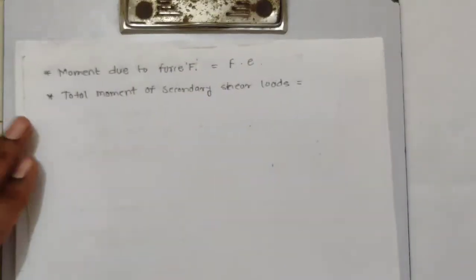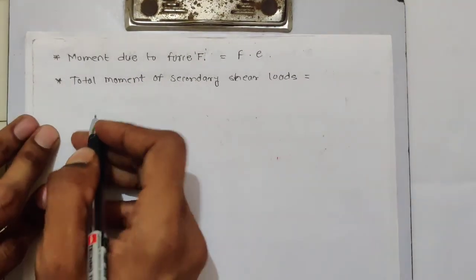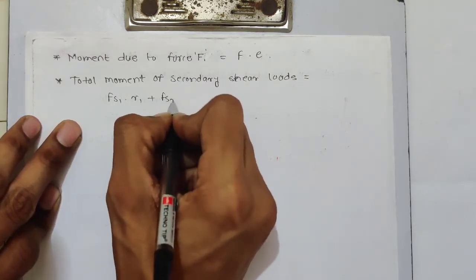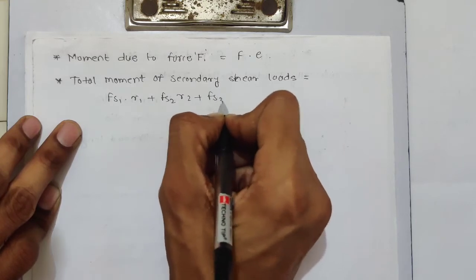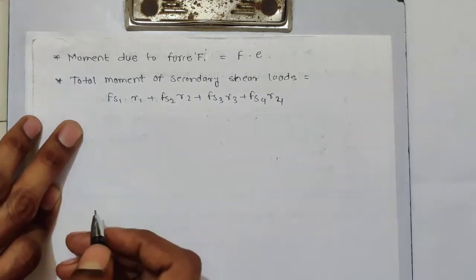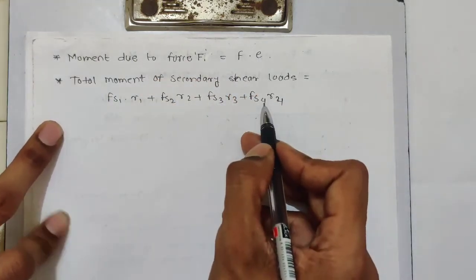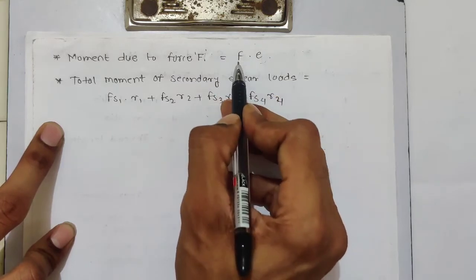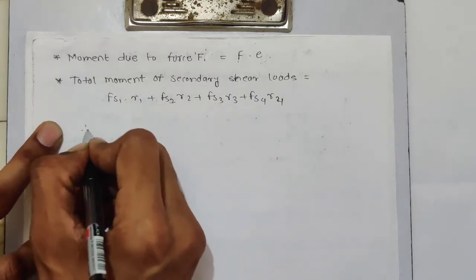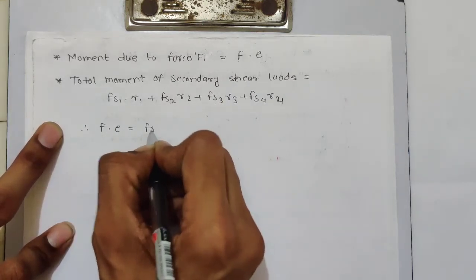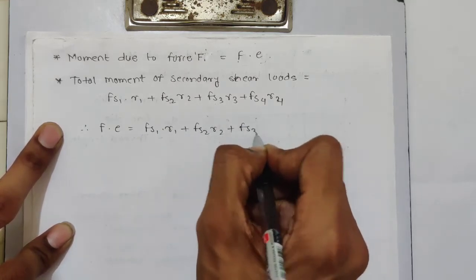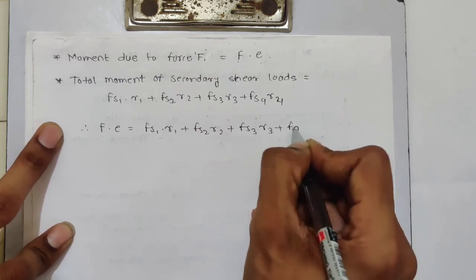So the total moment is Fs1 R1 plus Fs2 R2 plus Fs3 R3 plus Fs4 R4. Can I say this is equal to F into E, because Fs1, Fs2, Fs3, Fs4 are nothing but the effect of force F only? So Fe is equal to Fs1 R1 plus Fs2 R2 plus Fs3 R3 plus Fs4 R4.